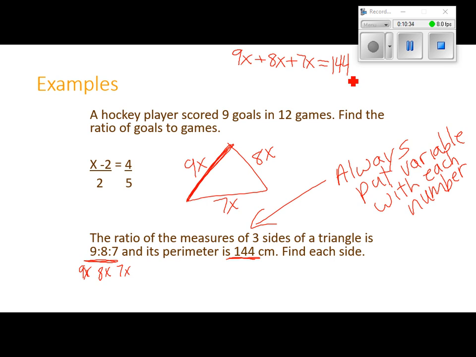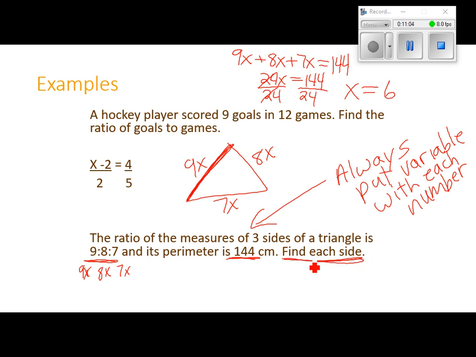Do not tell me 3. 24? Divide both sides by 24. Somebody help me out. What's x equal? 6. 6? Yep.